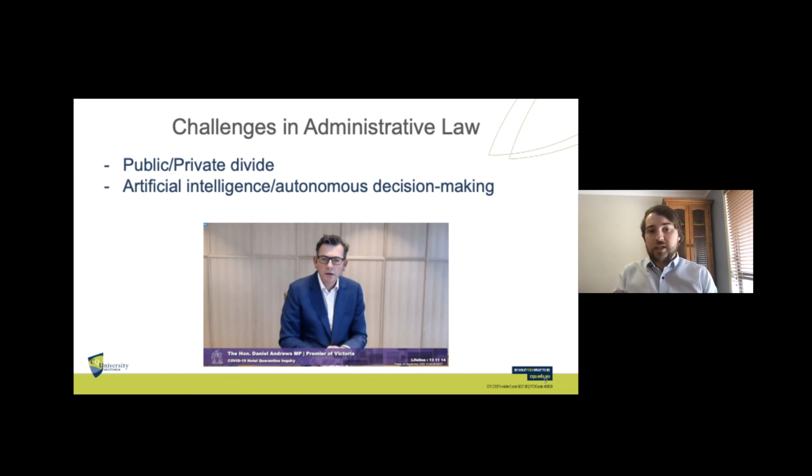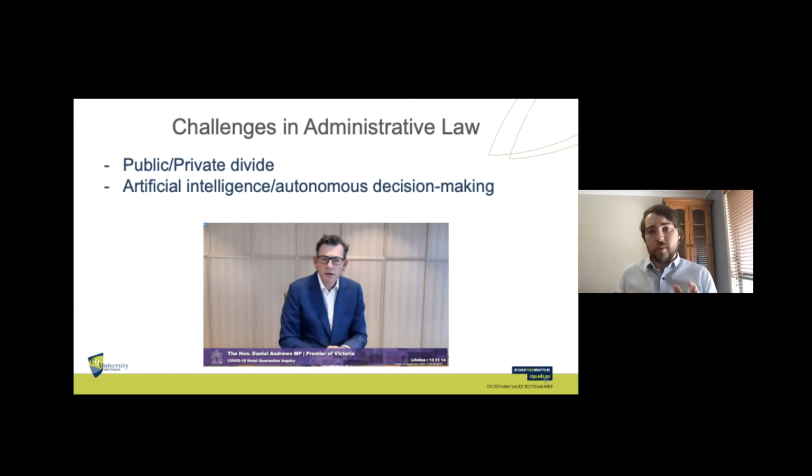Another really key challenge moving forward is in the realm of artificial intelligence and autonomous decision making. So increasingly, government decisions are made by computers, artificial intelligence, machine learning, which is really good from an efficiency perspective because it allows decisions to be made more quickly. A computer can process a lot of information a lot faster than a human can.